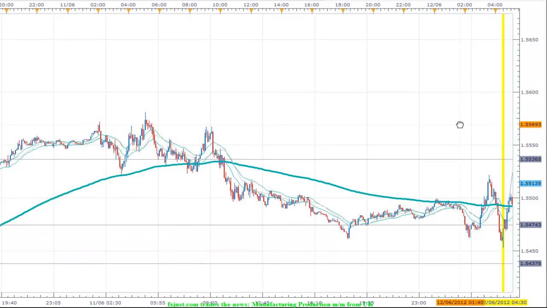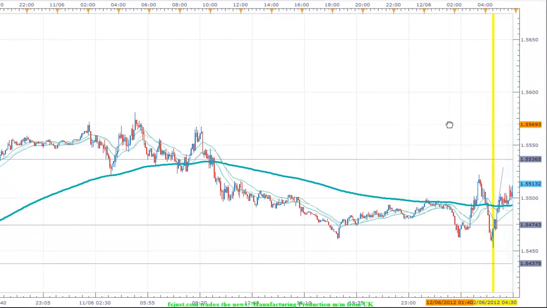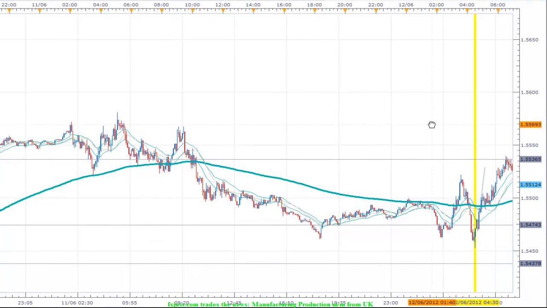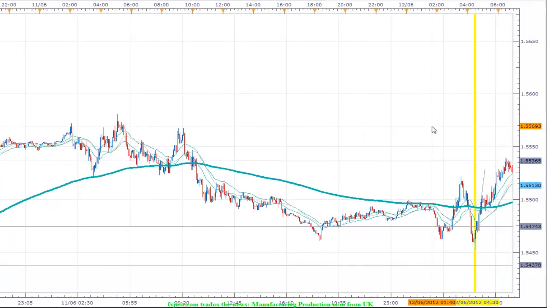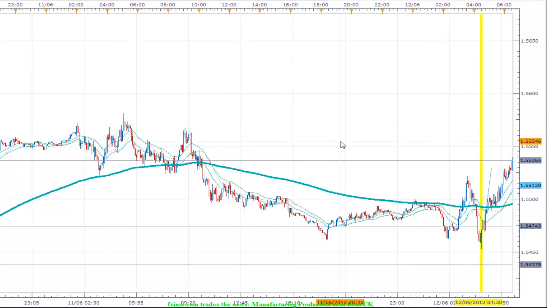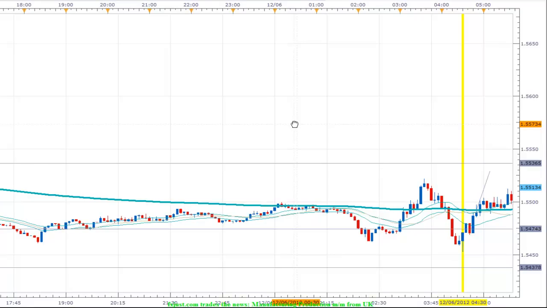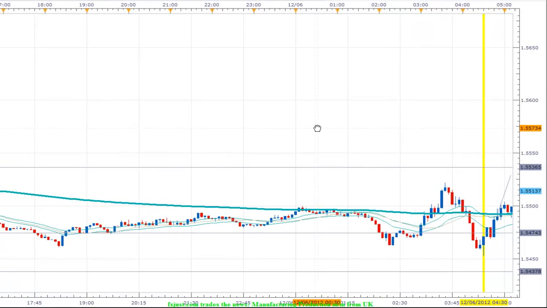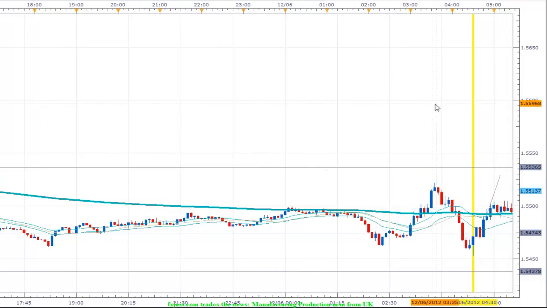So I'm long in the market, and the market goes up, and it hits our target. But before it hits our target, I wanted to share with you that the market kind of stalled out here. So we are long in the market from 1.5474, and the market is stalling.